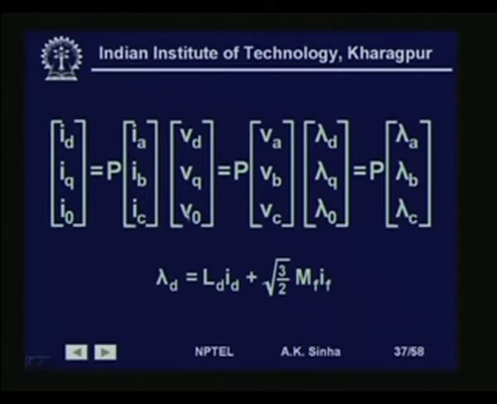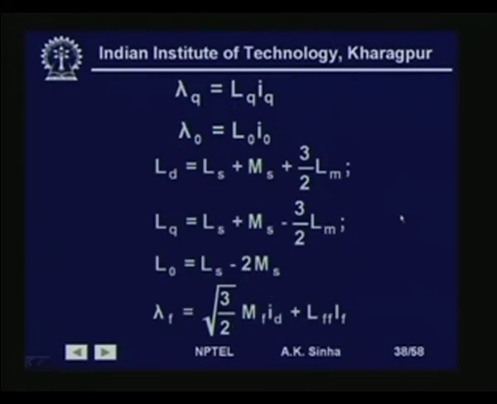Same thing for the voltage, dq0 can be obtained by P multiplied by voltage, and same thing for the flux. If we use this transformation, then we can write all these equations for inductances and the flux linkages, and we find that in this case most of the inductances have become constant, because now the dq0 frame is also rotating along with the rotor.